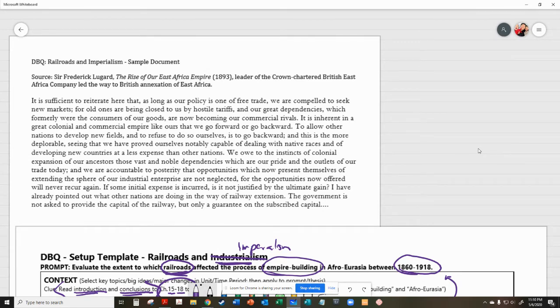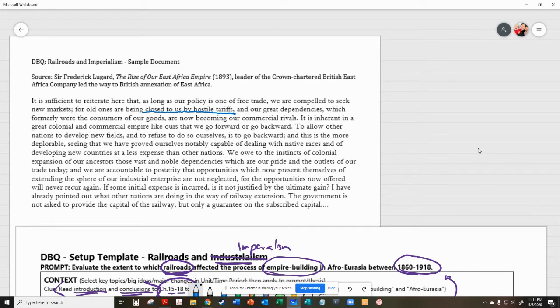So let's go ahead and examine possibilities for evidence for sourcing this document. As we're reading this piece, we can discuss a number of things in terms of this prompt: seeking new markets, old ones have been closed to us by hostile tariffs.